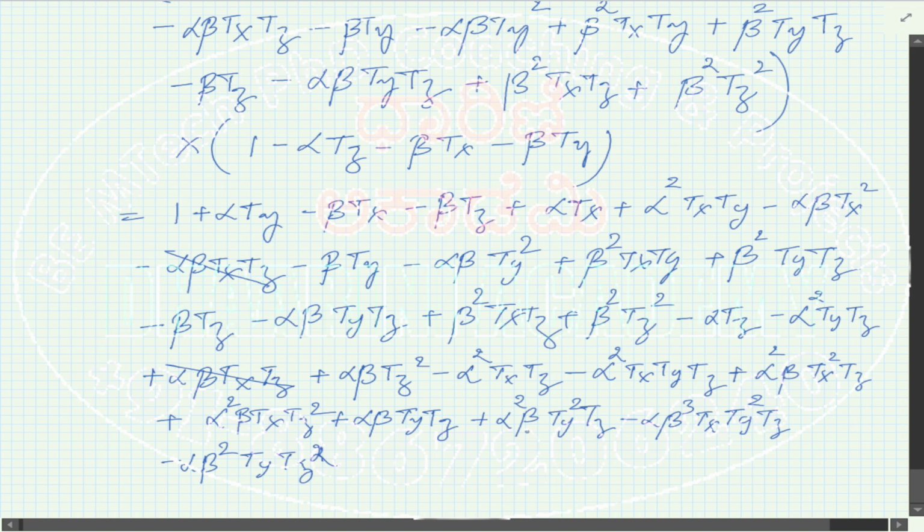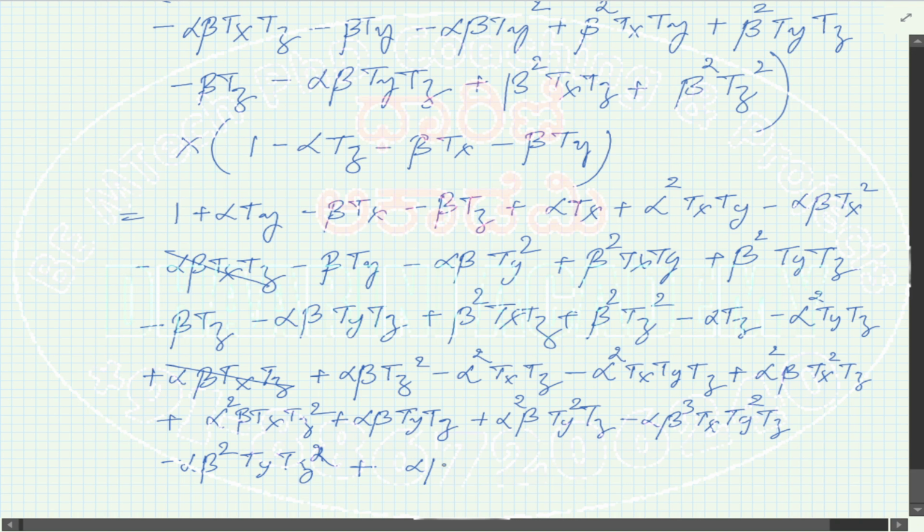Okay, let's move on. I think somewhere we have to get that alpha beta square ty tz square. Let's multiply further, then we might get that term. Okay, this is alpha beta square ty tz square. Then minus of minus is plus.